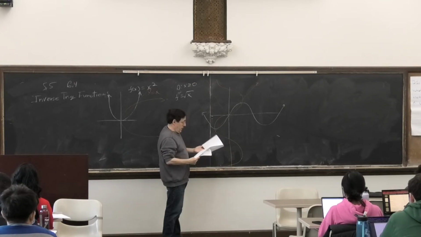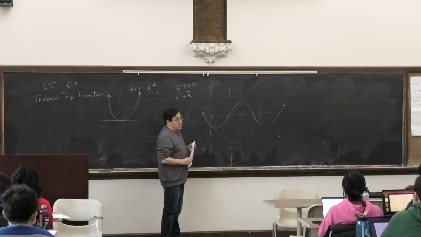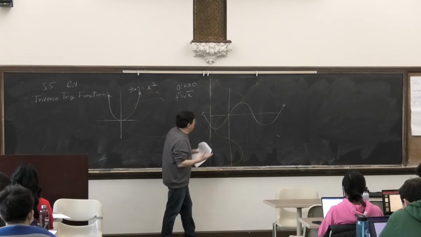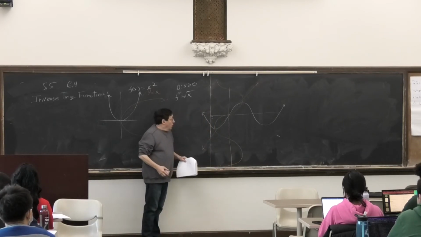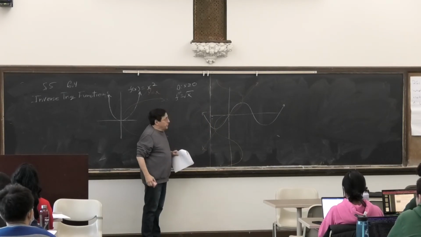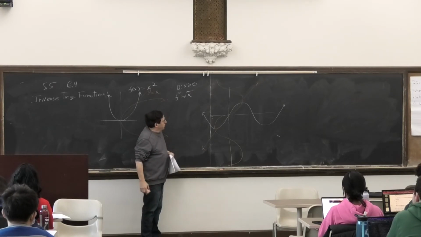So I have to be a little more careful. So how do I do this? How do I adjust this function? Well, we do it individually for each function. We have to look at it.